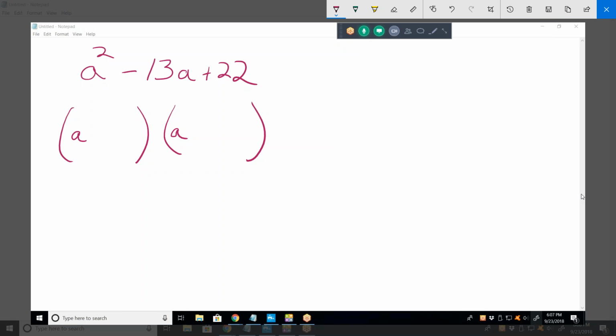Math is all about memorizing methodologies, okay? So when you are factoring a quadratic, don't try to do it all in one step in your head. Nobody can do that. Just follow the steps. The first step is to split up the a's. The second step is to determine both signs.